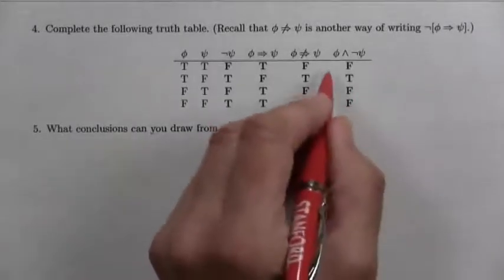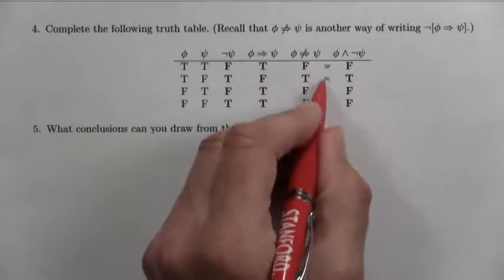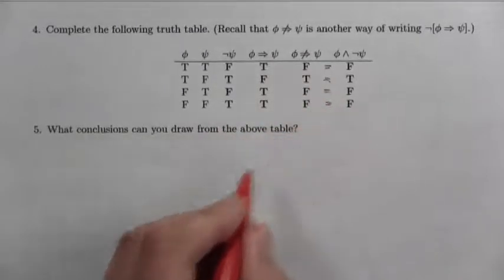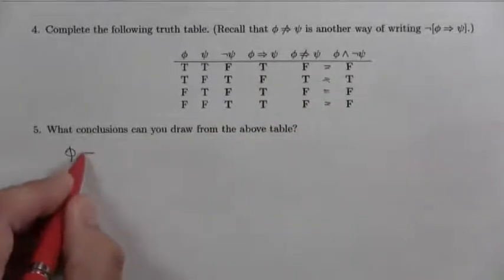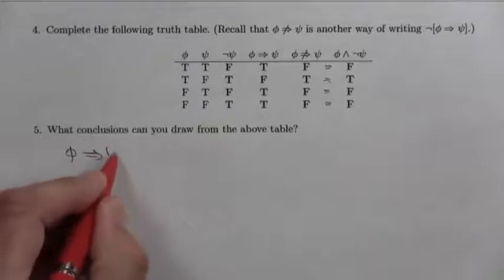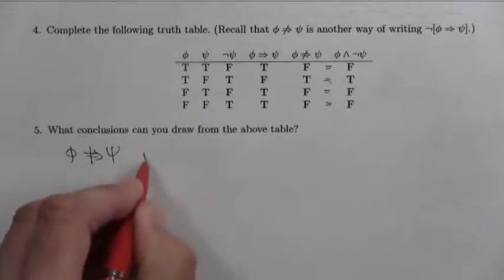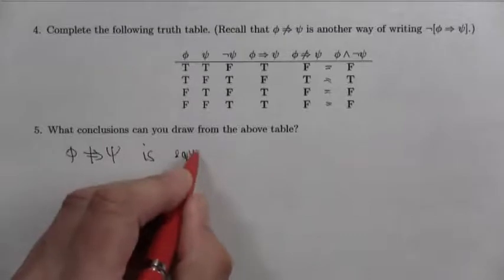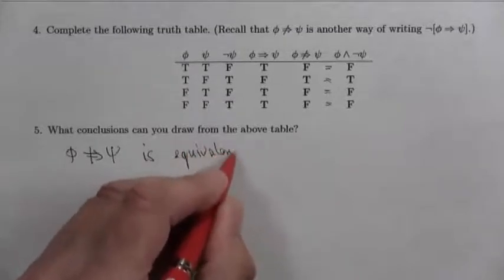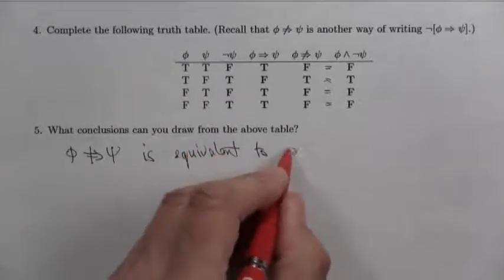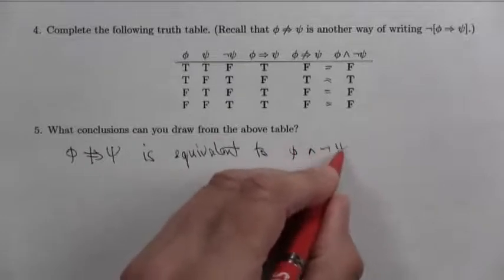And then to answer question 3, we just notice that these are all the same, and hence we may conclude that phi does not yield psi is equivalent to phi and not psi.